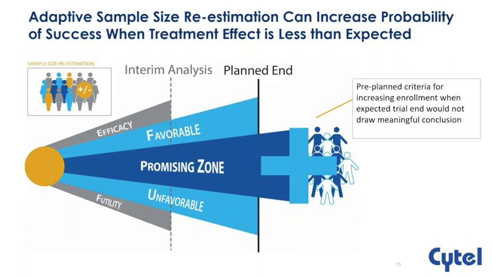You're in the favorable zone, and you just continue the trial as planned. If the probability is less than, say, 50%, then your chances of achieving success by increasing the sample size are, well, substantially smaller. And also, you need to increase the sample size by a substantial amount. So your preference is not to increase the sample size in this zone.